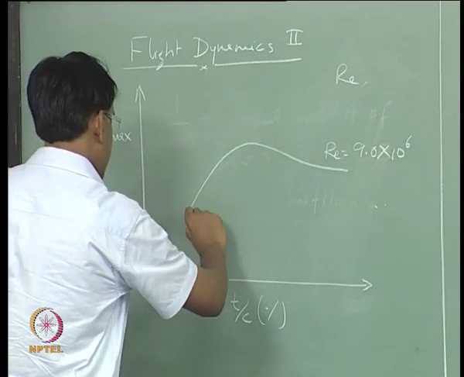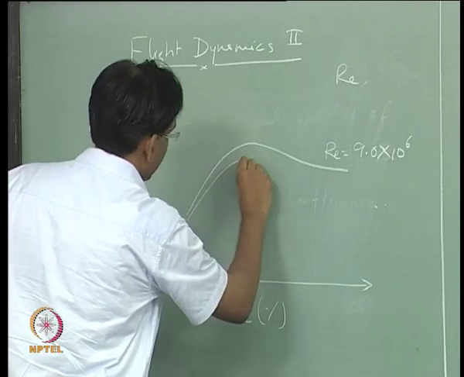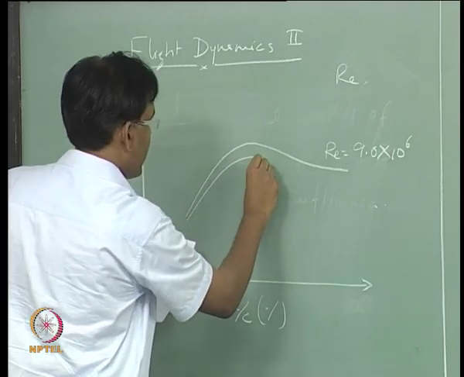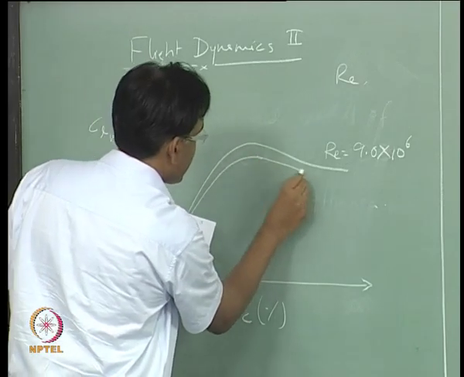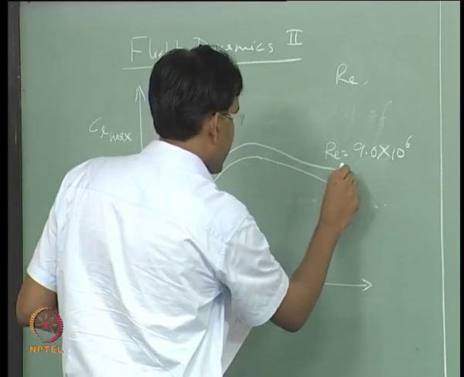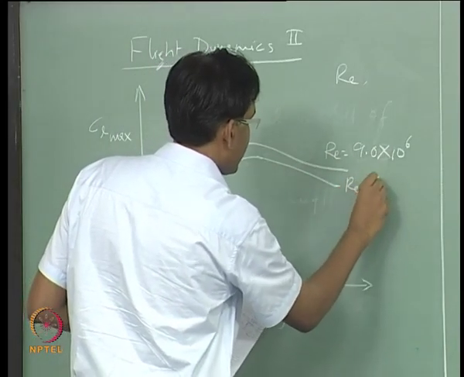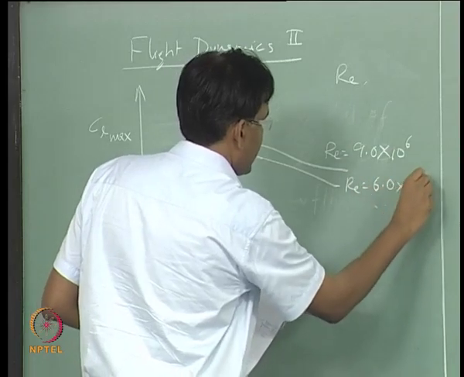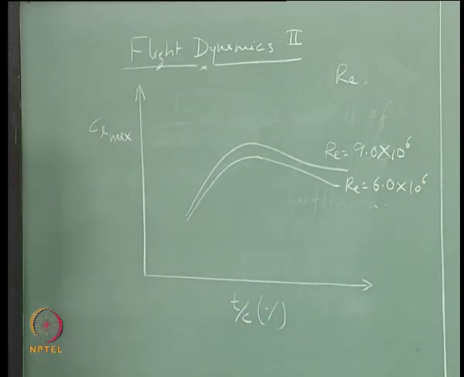So, if you decrease the Reynolds number by 1/3, you see a decrease in the CL max.